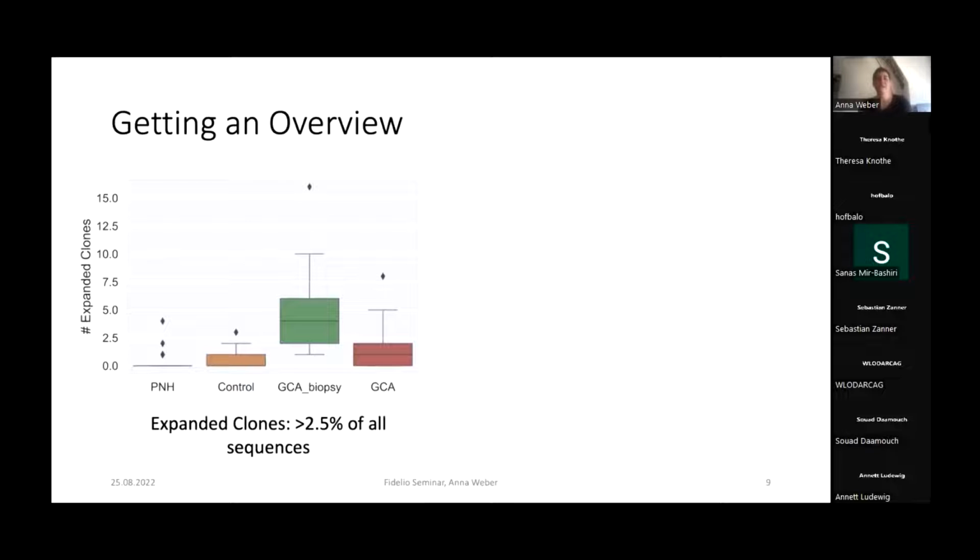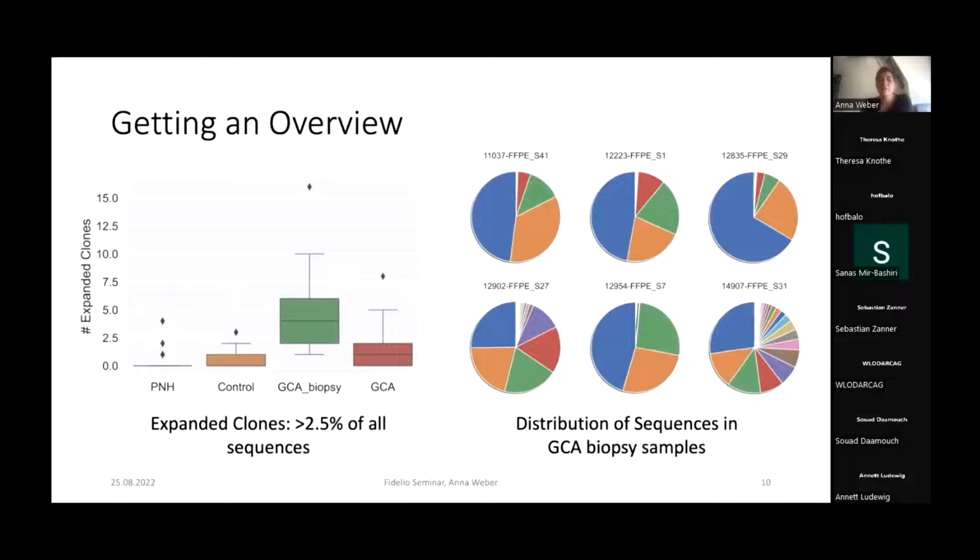So one thing that was really interesting to see was that you have far fewer clones and far more expanded clones in the GCA biopsy. An expanded clone is one that makes up more than 2.5% of all the sequences that we find. And that means that when we look at the GCA biopsy samples, we sometimes find very, very few different clones, and we can plot them as these kind of cake diagrams.